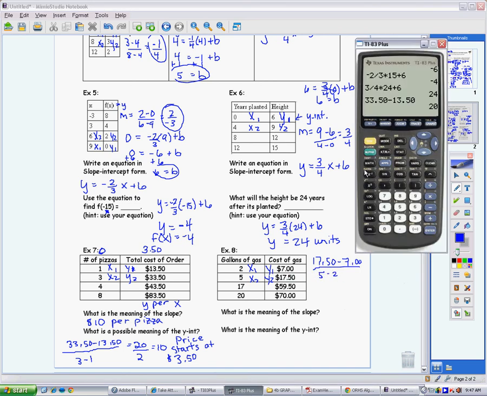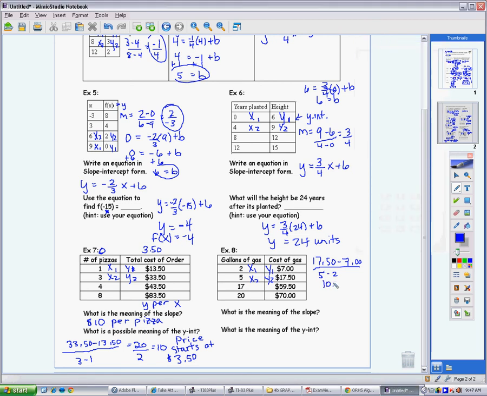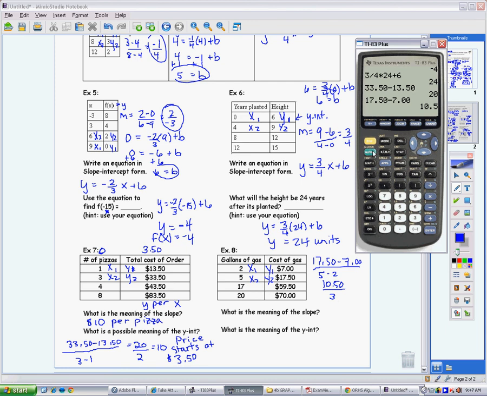Let me use my calculator again. 1750 minus $7. So I get 1050 over 3. And 1050 divided by 3 gives me 350.